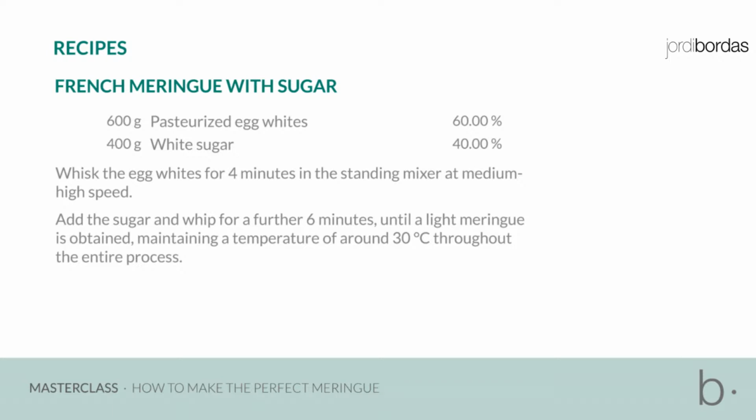This recipe is perfect, for example, for use in mousses, where we want to add air inside the recipe using a meringue, but without using cream. For example, imagine that we want to prepare a hazelnut mousse, with hazelnut as the main ingredient, and instead of using cream in that recipe, we want to use a meringue.